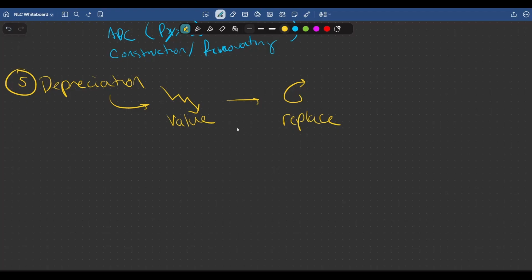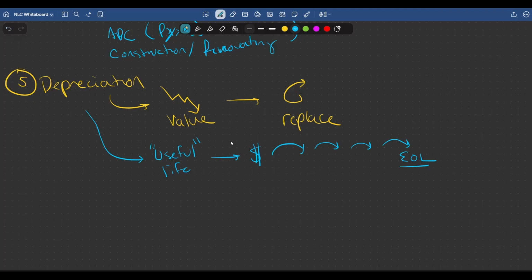And this is how we do that. So what ends up happening is each one of these capital purchases gets assigned what's called a useful life. And then what we do is we take the purchase value, and then we spread that out over the course of that useful life until we reach the end of the useful life.